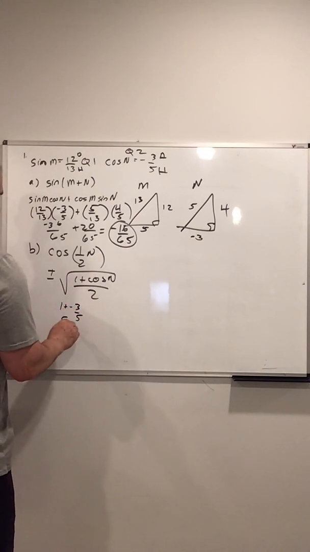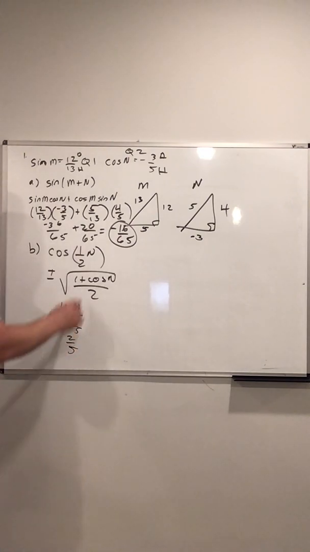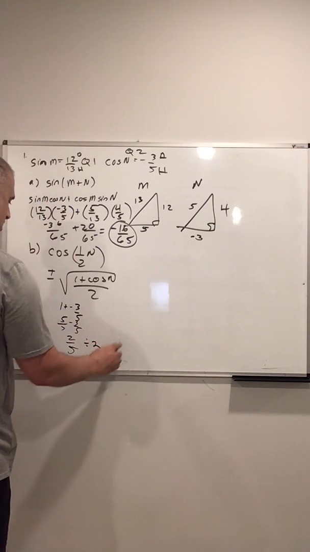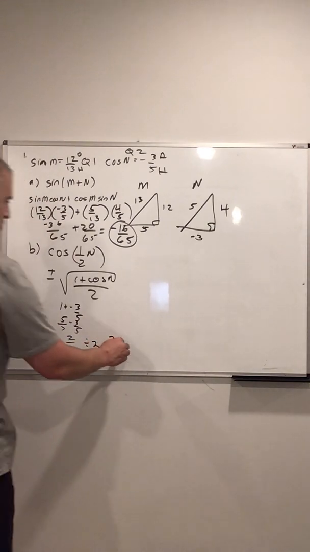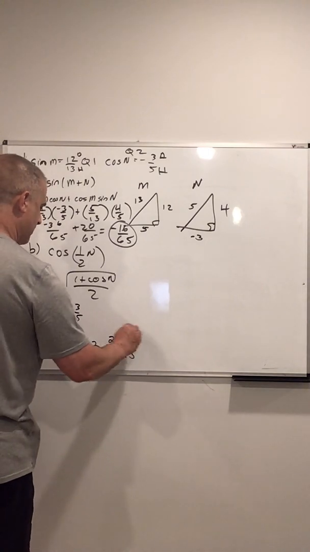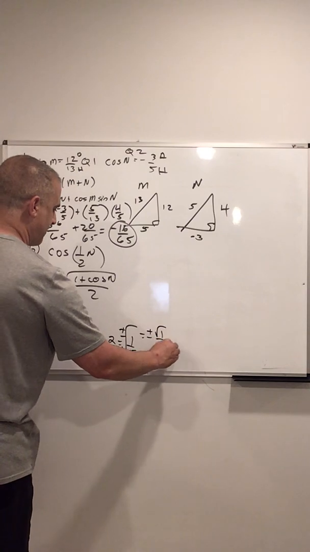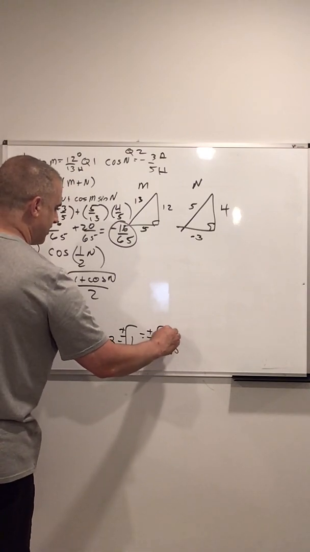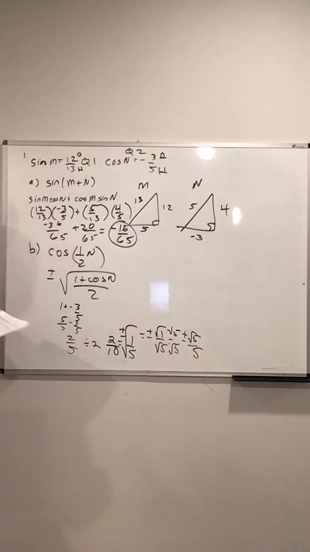That's 5 over 5 using the common denominator, which turns into 2 over 5. I would divide that by 2, which gives me 2 over 10, or 1/5, all underneath the square root. If I split that out, that's square root of 1 over square root of 5, and rationalized, that's going to be plus or minus square root of 5 over 5.